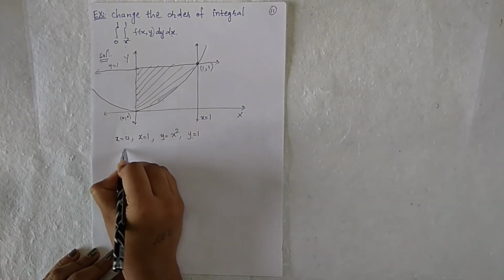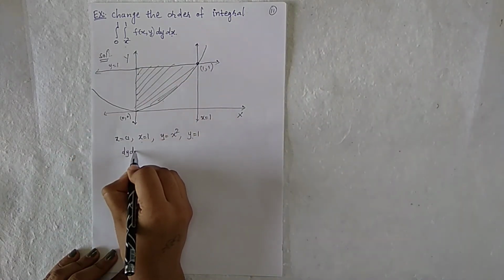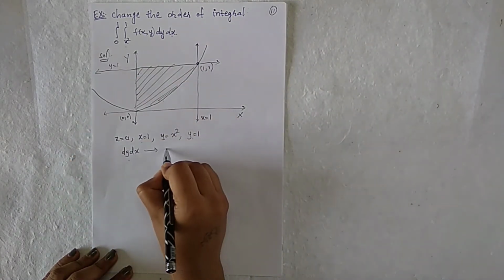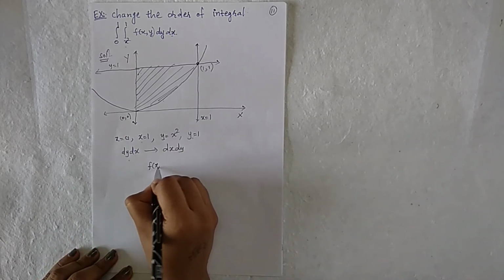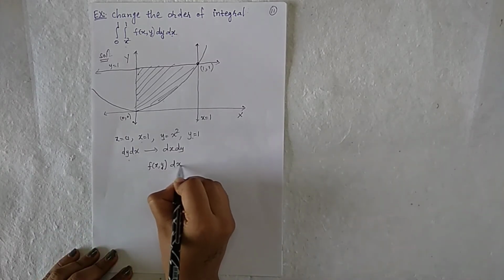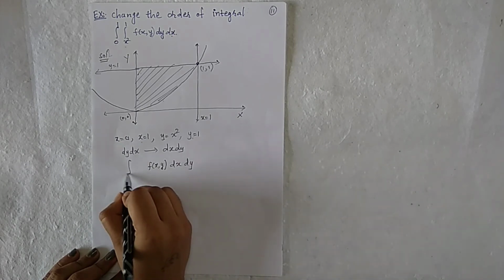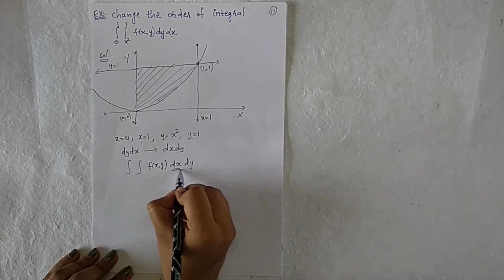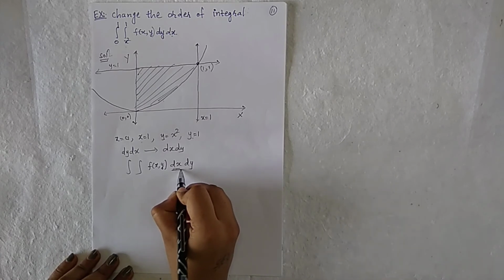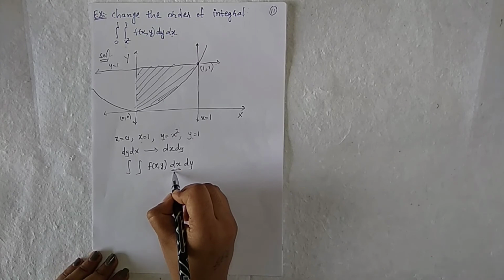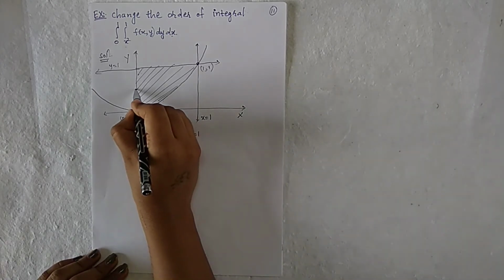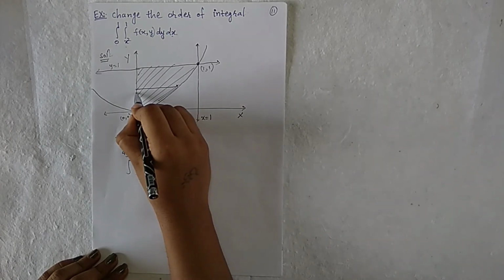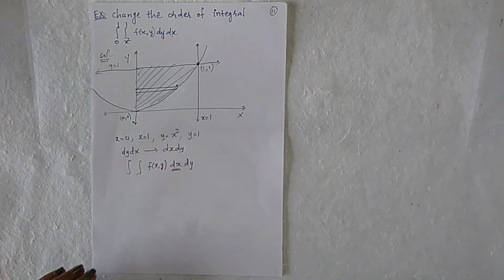So given dy dx, change it to dx dy. So f of x y dx dy, double integration. So first we are integrating with respect to dx. So for that, take a small strip along the x-axis. So this is my small strip along the x-axis.